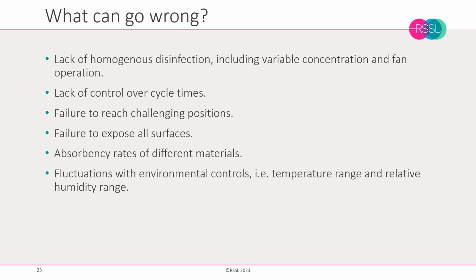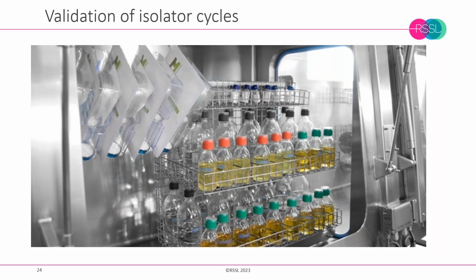And also, if we've got movable parts, we need to make sure that all parts will be exposed. So we don't want to have dead zones around conveyor belts, for example, and that sort of thing. Okay, so if we now have a look at some of the validation aspects.